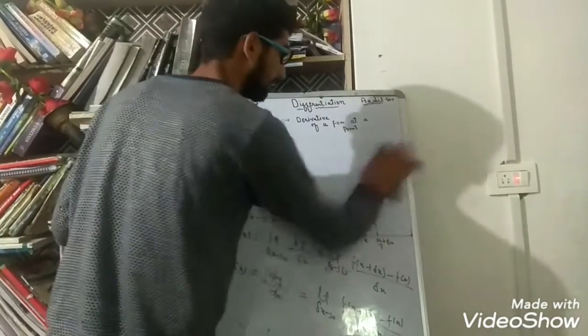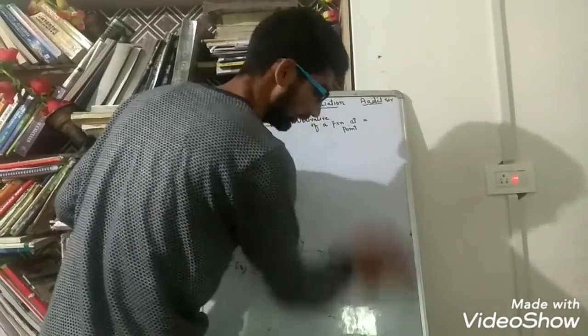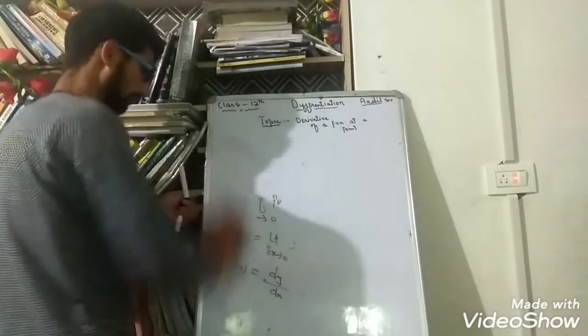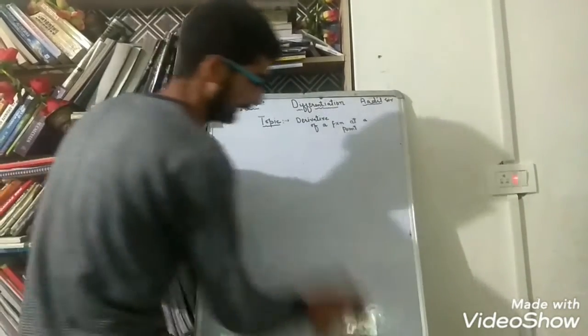Now we will go for this definition. It was the analysis through graph. Now we will write this definition like this.